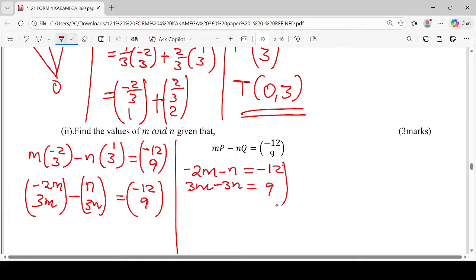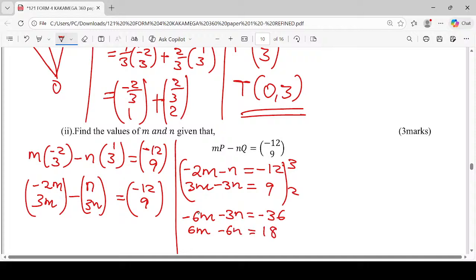I can eliminate m by multiplying here by 3, here by 2. So that will be negative 6m minus 3n being equal to negative 36. Then 6m minus 6n being equal to 18.